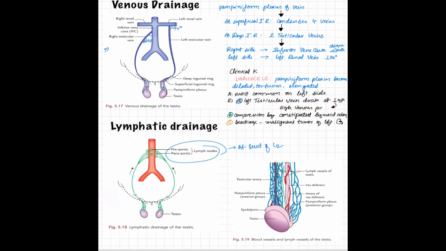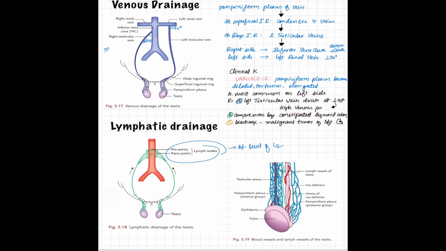As on the right it drains obliquely, the pressure is low. Here, on the left, it is a high pressure.